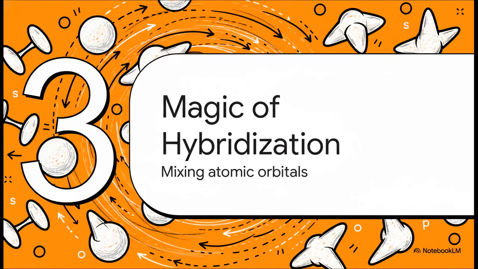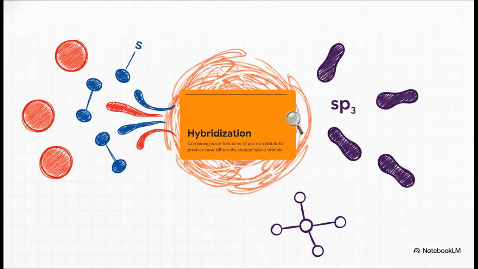Section 3. The magic of hybridization. So we've got our standard atomic orbitals, those spherical s orbitals and dumbbell-shaped p orbitals. But sometimes atoms need custom building materials to make the perfect structure. This is where atoms enter the construction phase and start mixing things up. Hybridization is defined as the mathematical process of combining the wave functions for standard atomic orbitals to produce entirely new, differently shaped hybrid orbitals.